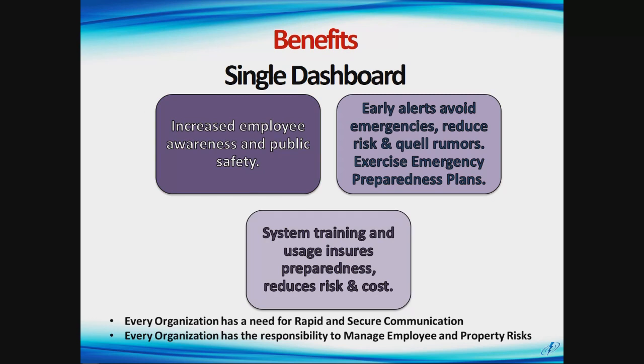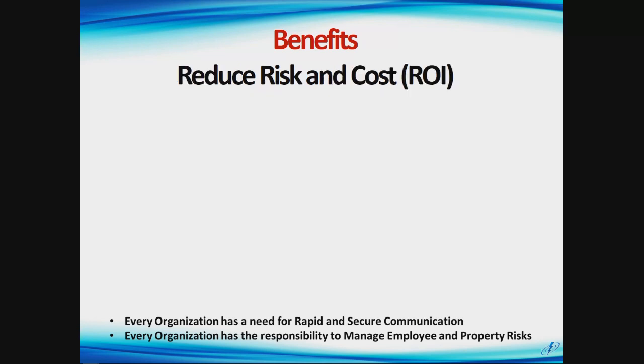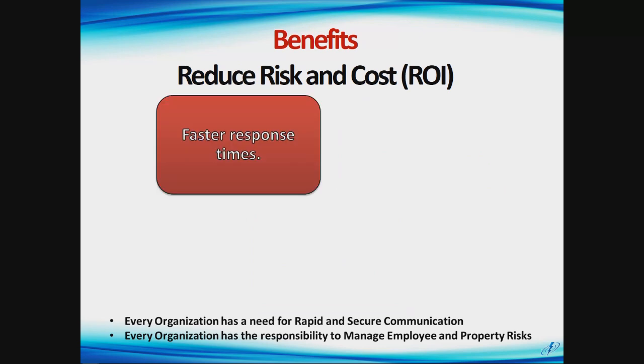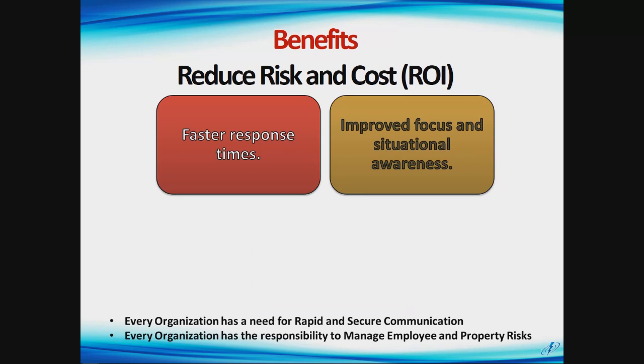And what you're doing now by attending this webinar is taking your first steps in risk identification and risk response planning, all of which will allow you to eliminate or reduce the impact of these disasters if they occur in your organization. And who wouldn't want to reduce risk and improve their ROI with faster response times and an improved focus on situational awareness?